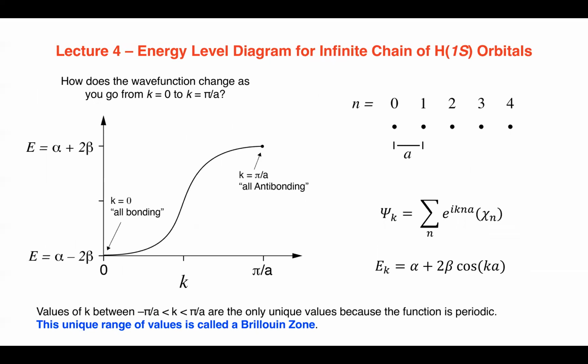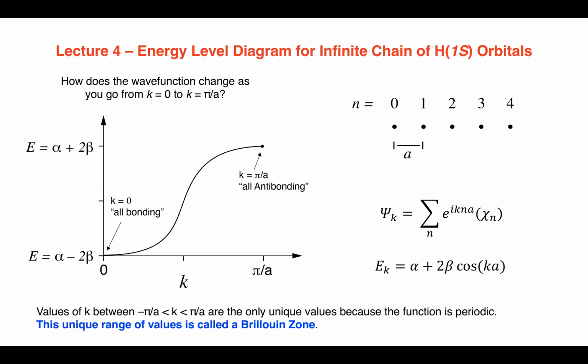Okay, so each of the various molecular orbitals in a ring, or in an infinitely large ring, has a different value of k, and you go up in energy from alpha minus 2 beta toward alpha plus 2 beta in this fashion shown there on the left.